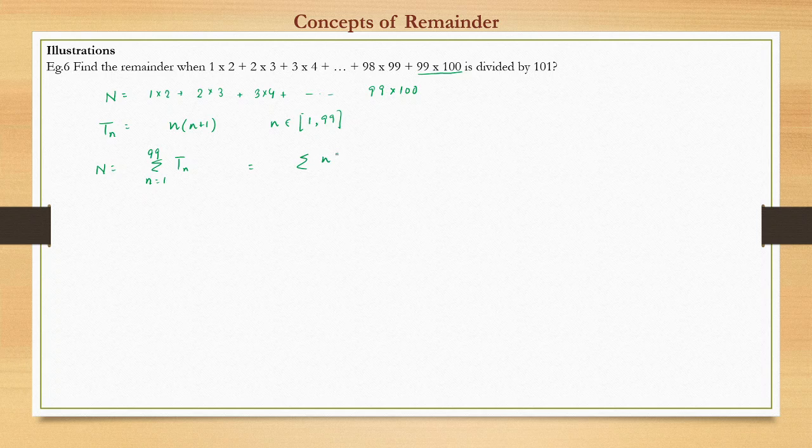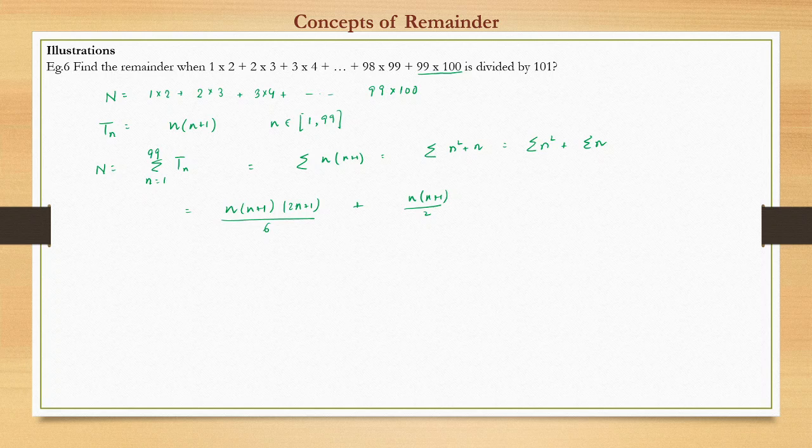So that's summation n into n plus 1, which is nothing but summation n square plus n. We know the summation n square, we have seen in the introduction to number system. That is nothing but n into n plus 1 into 2n plus 1 by 6, and summation n is n into n plus 1 by 2, right?